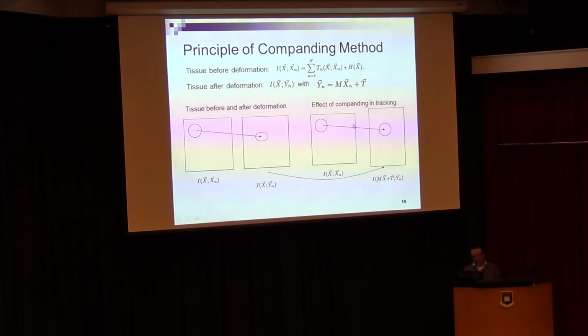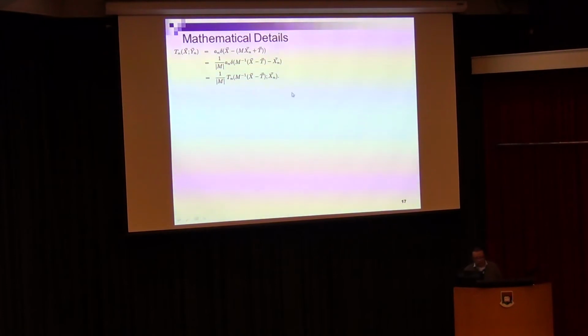The idea of compounding is to recover the original circle shape by modeling this rotation, the 3x3 matrix, and the translational vector. We did some deduction to see what will happen if we replace the original xn with yn, and after a few steps, you get this.